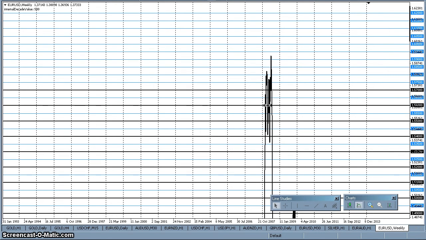I just put my pivots on whatever the close is. So I'm looking at close only. Where did it close at the end of the day, at the end of the hour, at the end of the week? And that's my criteria.